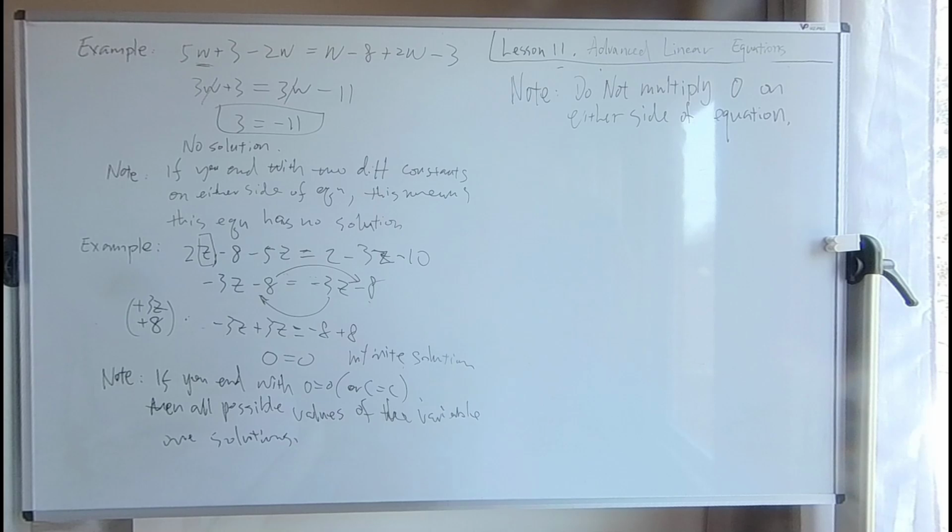Okay, why? Because first of all, multiplying and dividing or adding or subtracting on both sides of equations are reversible.